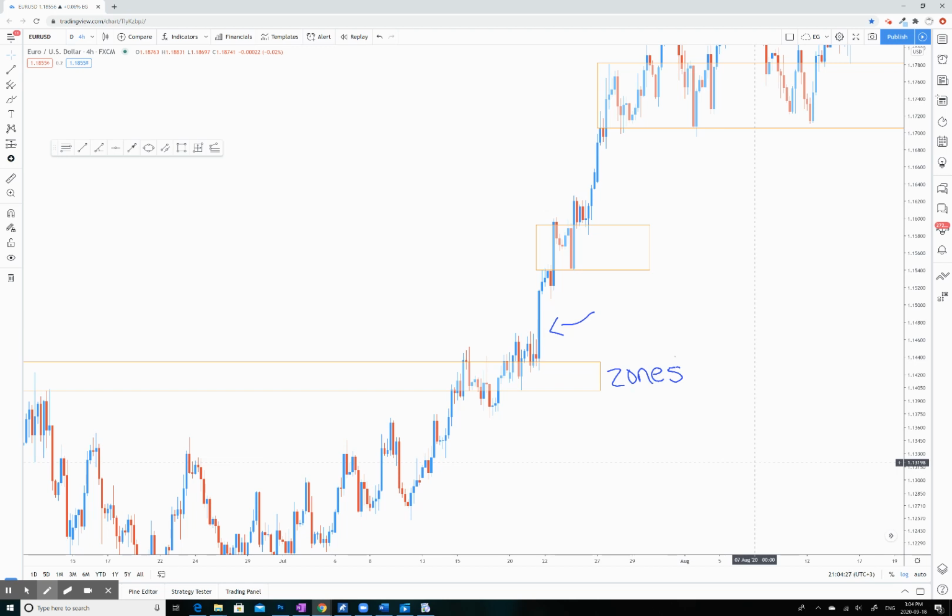Now let's go back to the time frame thing. On the 4-hour time frame, which is what I'm on now, this break is going to be a lot more significant, and it's going to give you a lot more accuracy than, say, the 5-minute chart.